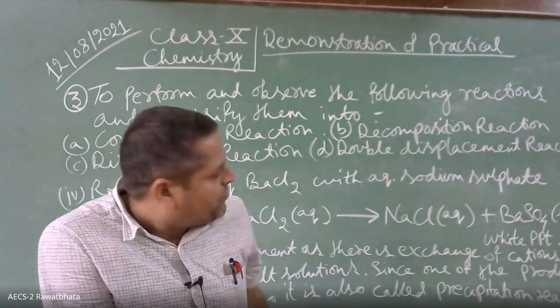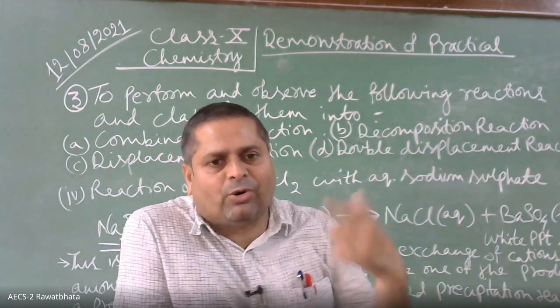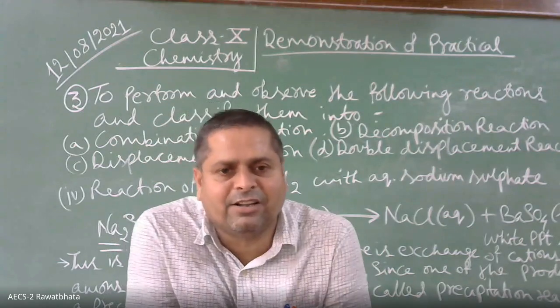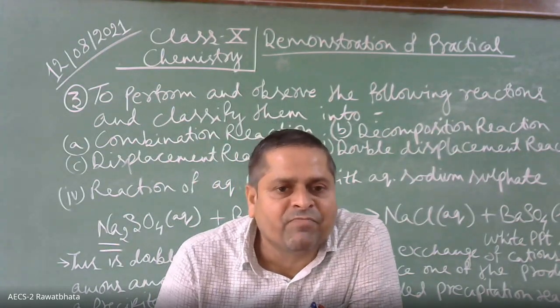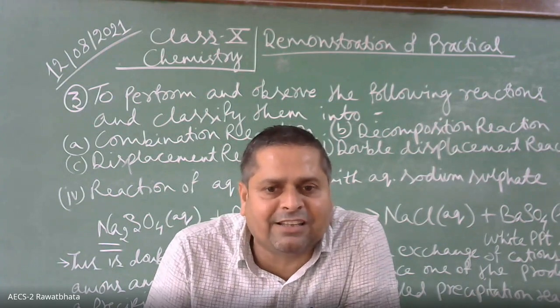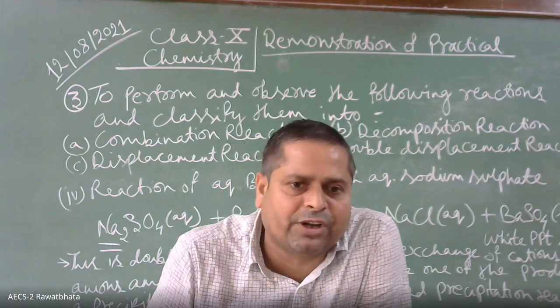It shows the barium sulfate as a precipitate, and sodium chloride is soluble in water. It is present in the clear water solution. Okay, so this is a double displacement reaction because there is exchange of both cations and anions among two different salt solutions.